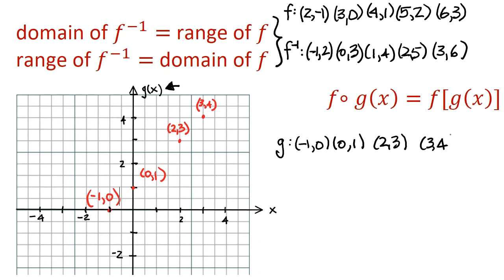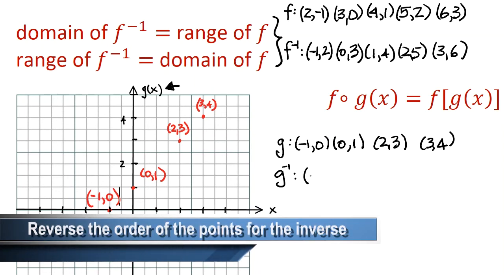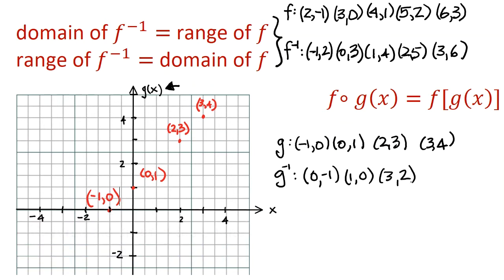And as we did in f, it's now very simple to write down the points of g inverse. So we have 0, -1, I'm just reversing the order, 1, 0, 3, 2, and 4, 3.